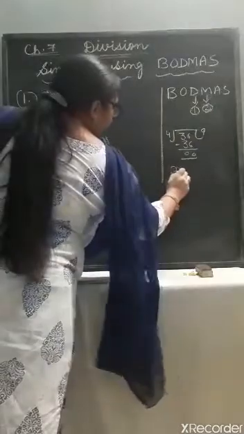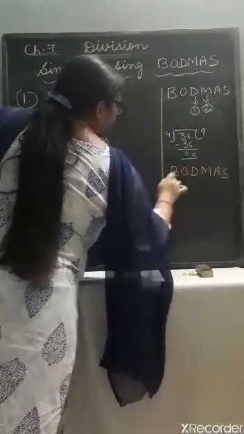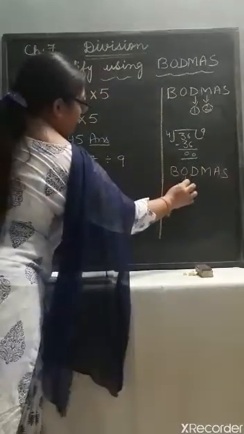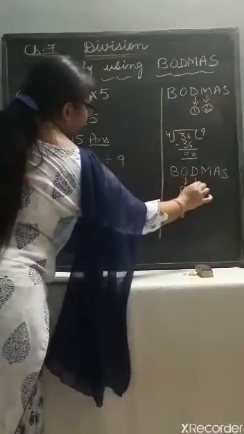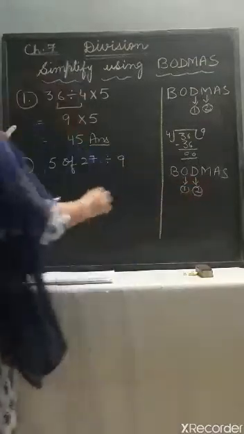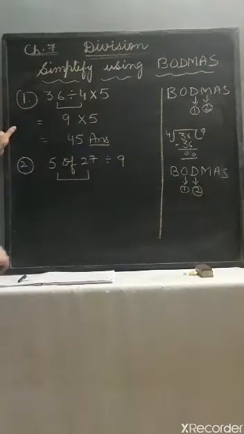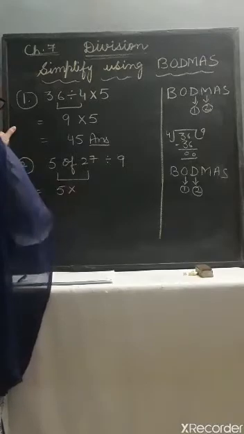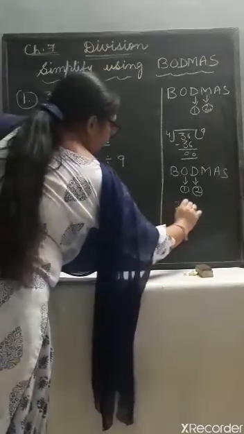Using BODMAS, we will do of first, then division. So we will solve 5 of 27 first. Of means multiply. We will solve it.